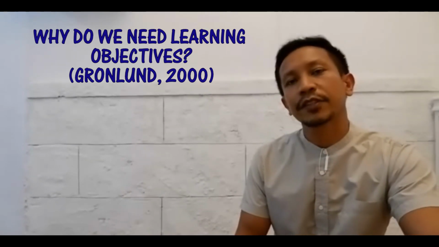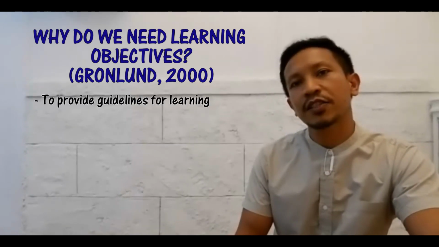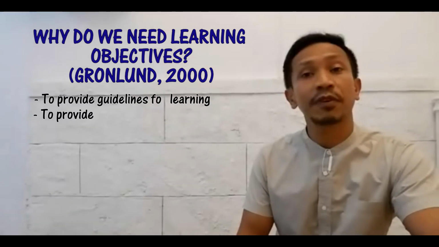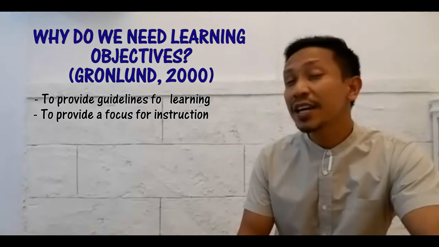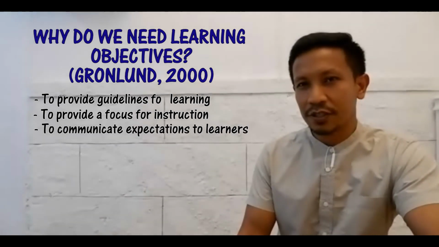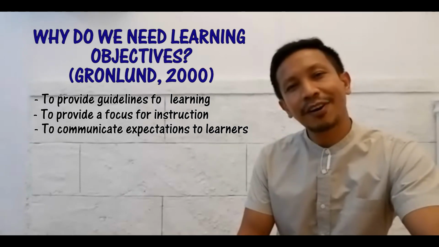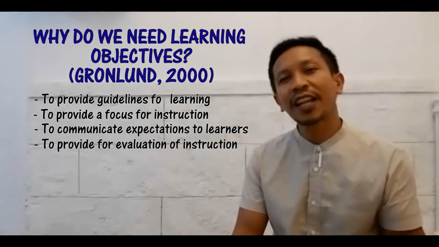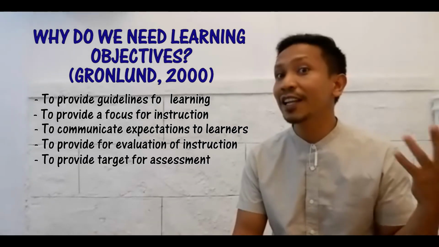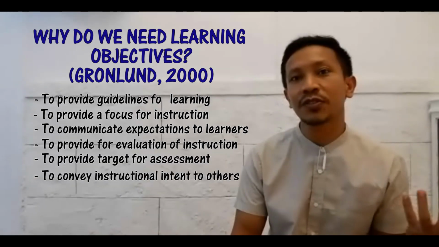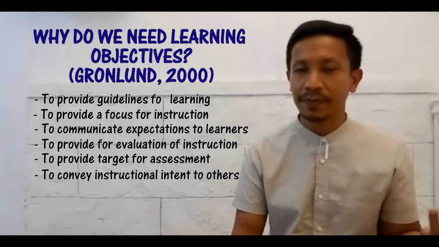So let's see the first one, to provide guidelines for learning. The next one, to provide a focus for instruction. To communicate expectation to learners. To provide for evaluation of instruction. To provide target for assessment. And the last one, to convey instructional intent to others.